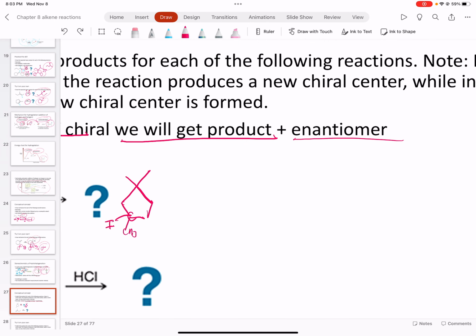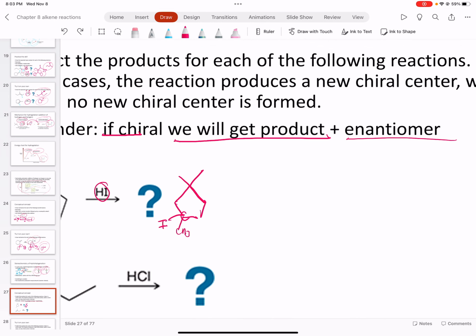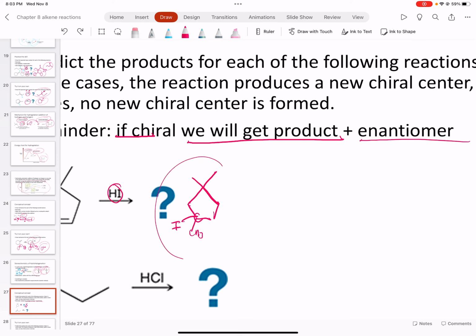Meaning that my product cannot be this one. I have to say that it's a chiral center.